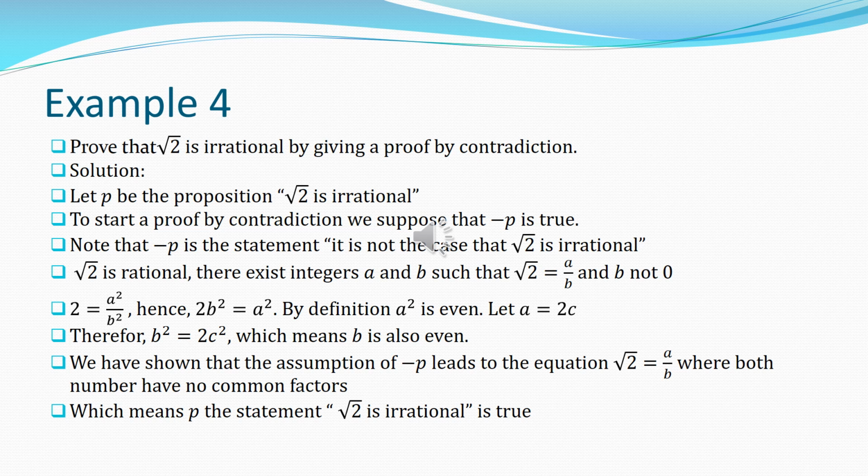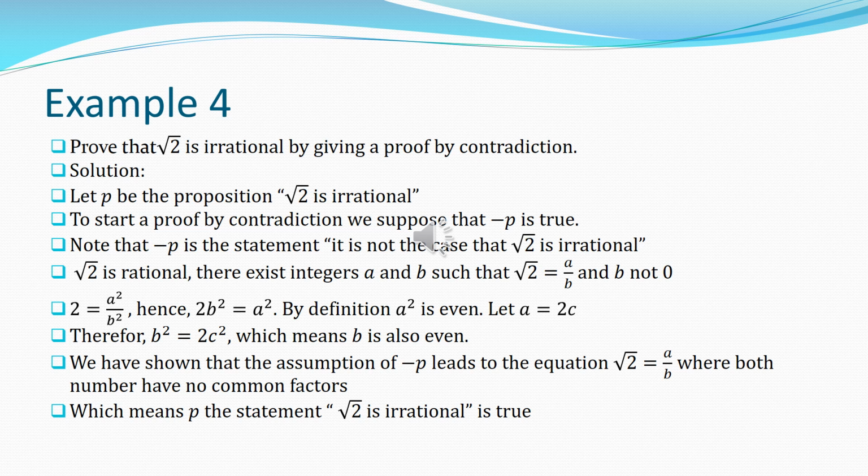So if we square both sides of the equation, we get 2 is equal to a squared divided by b squared. Hence, 2b squared is equal to a squared. And by definition, that means a squared is even, so a is even.